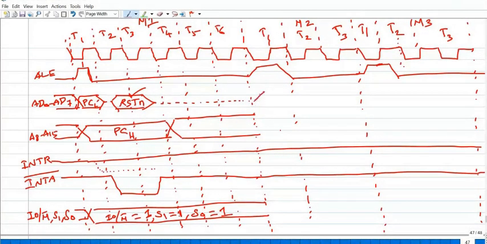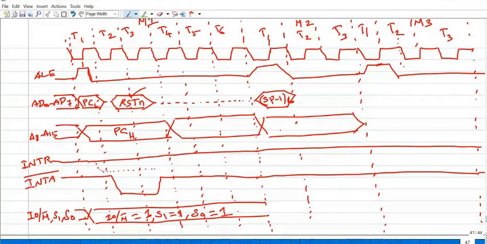hold the address information of the stack memory, that is SP minus 1, the stack pointer lower order address data. Then A8 to A15 hold the stack pointer memory higher order address data.